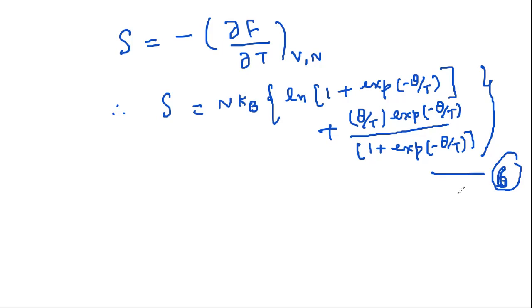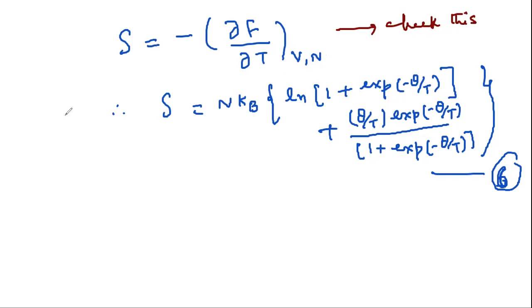So here you have another assignment. Here I will give you 2 assignments. First, I will change the color of my pen. So one assignment is, check this. That is, you have to check how we obtain S through this equation, negative times the partial derivative with T, V and N constant.